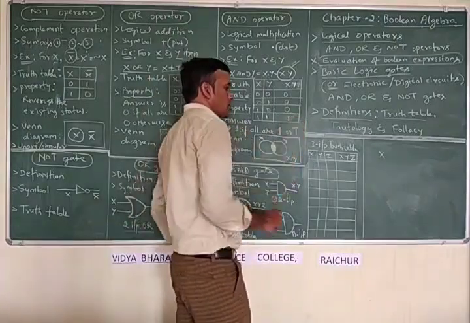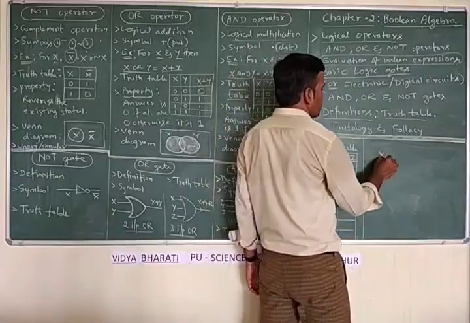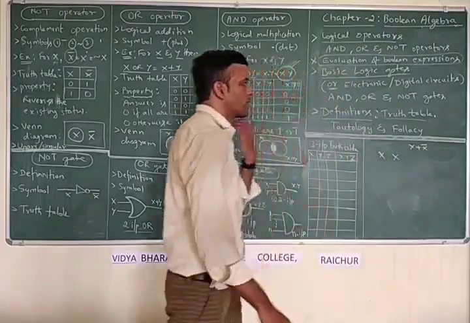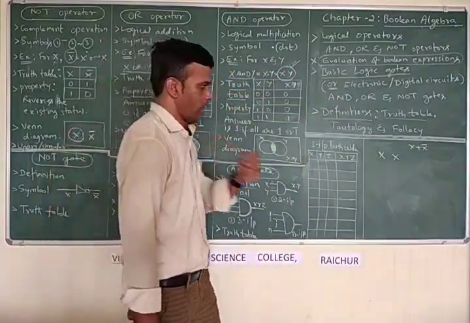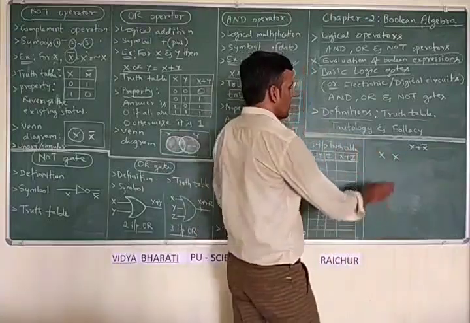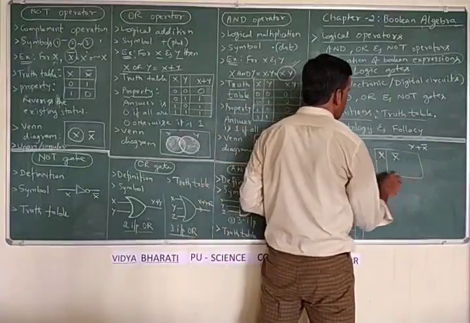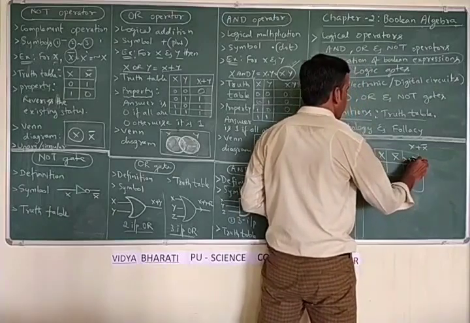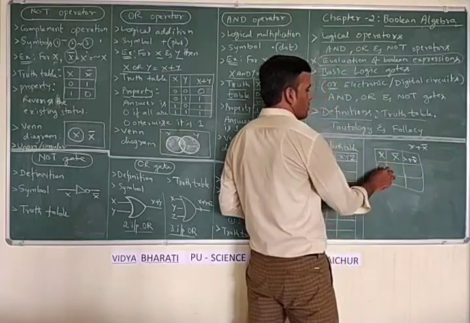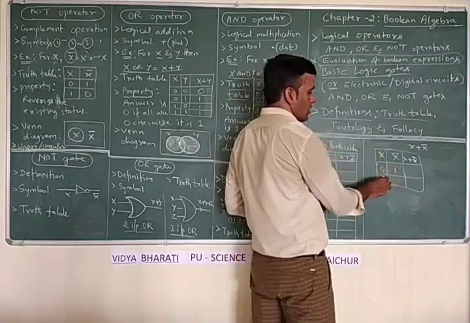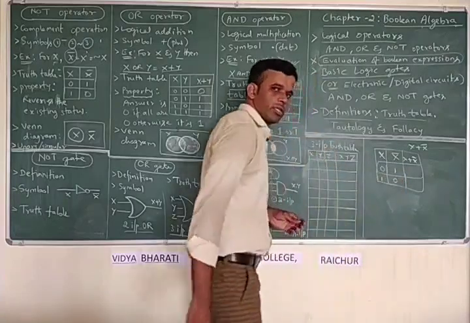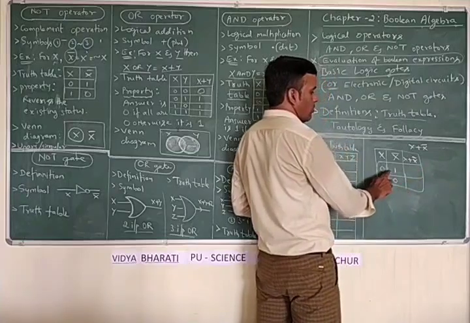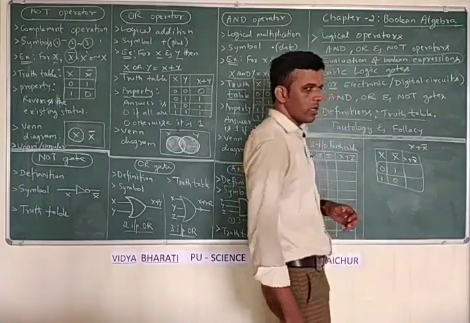As an example, say x is the variable and you consider the expression x logical OR x bar, that is, x plus x bar. If x is 0, x bar is 1. If x is 1, x bar is 0. Then x plus x bar is 0 plus 1, 1 plus 0, a logical OR operation.